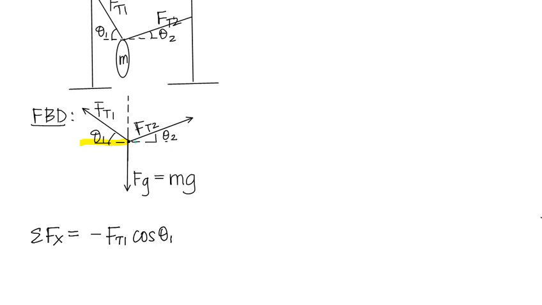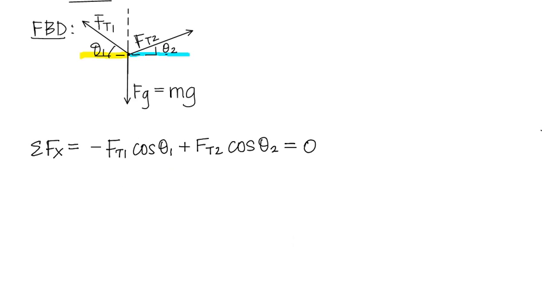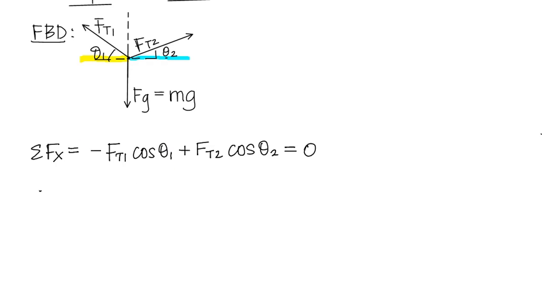And then Ft2 has an x component, but it is to the right, so that would be positive Ft2 cosine theta 2, and then that's all the forces in the x direction, and it's balanced so it equals 0.